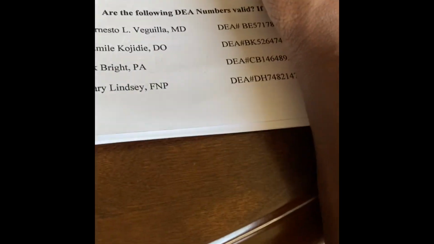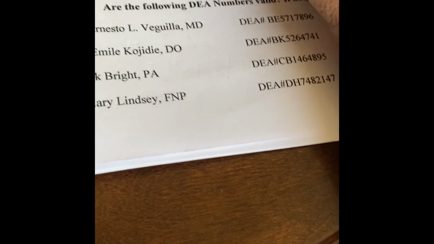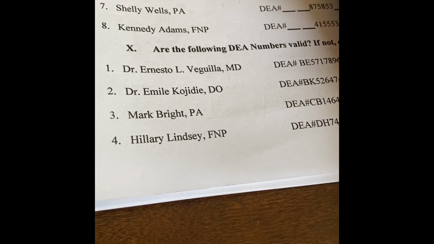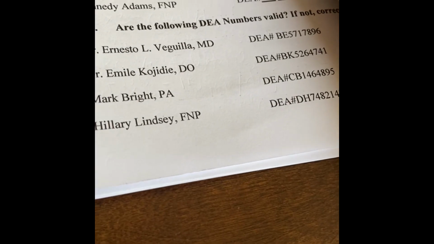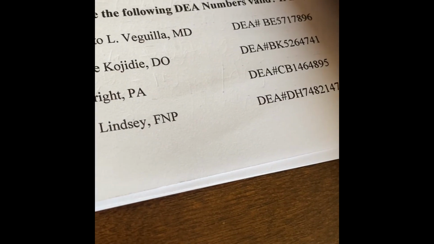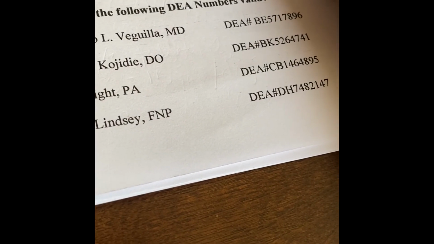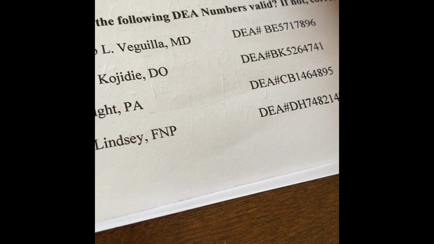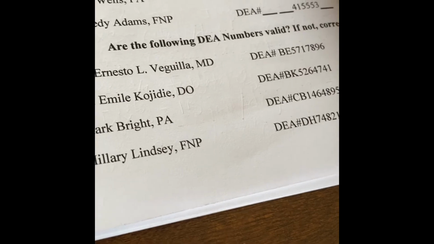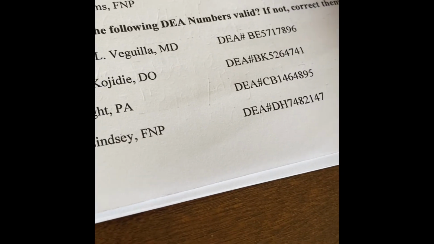Okay, number 6 is Ted Bello, an NP. So that's going to be another C. And then Bello is the last name, so there's a B. And then we're going to do 7 plus 5 plus 3, which equals 15.